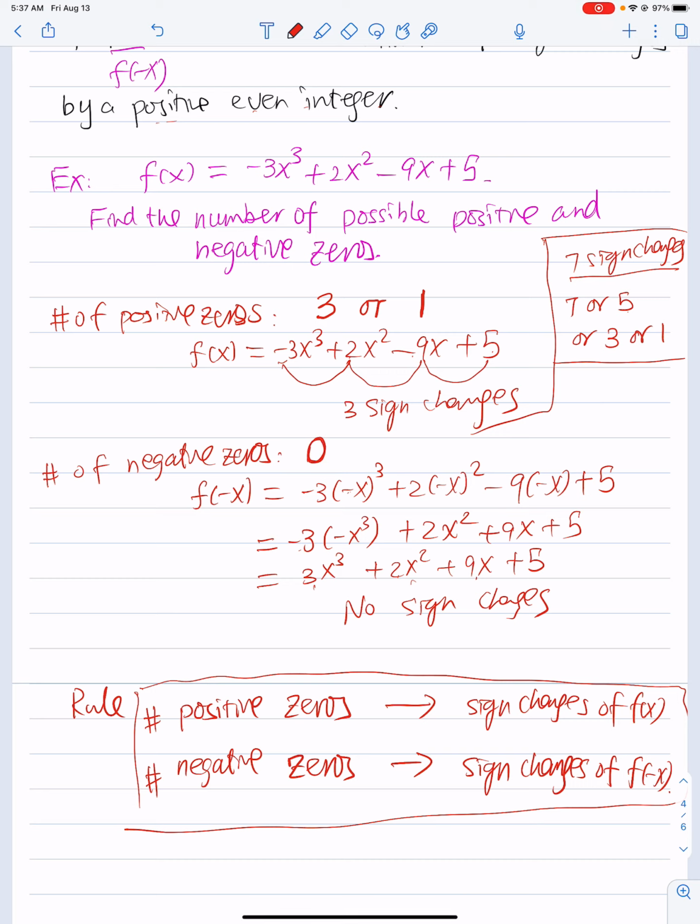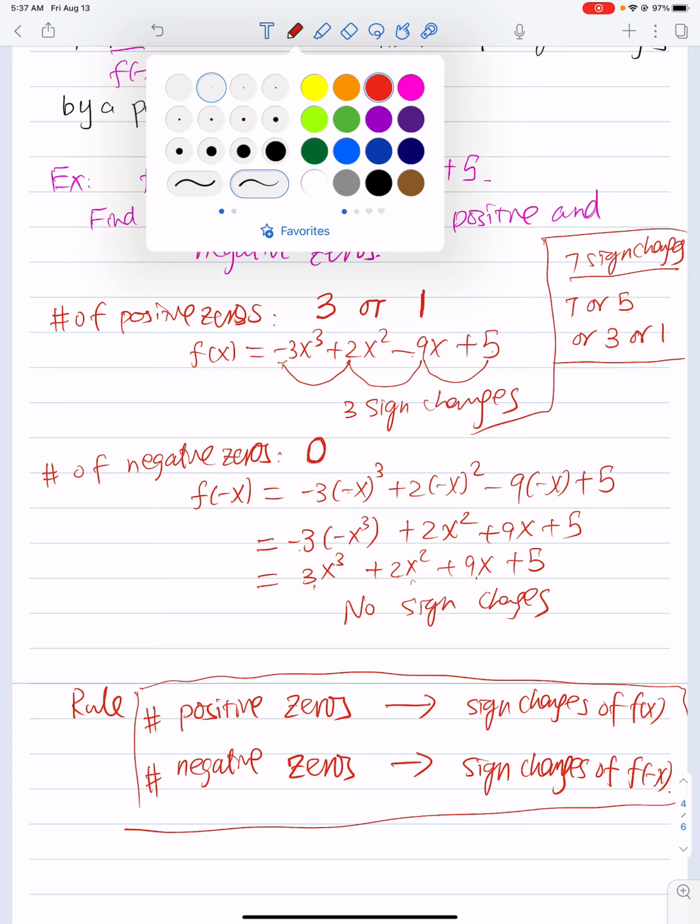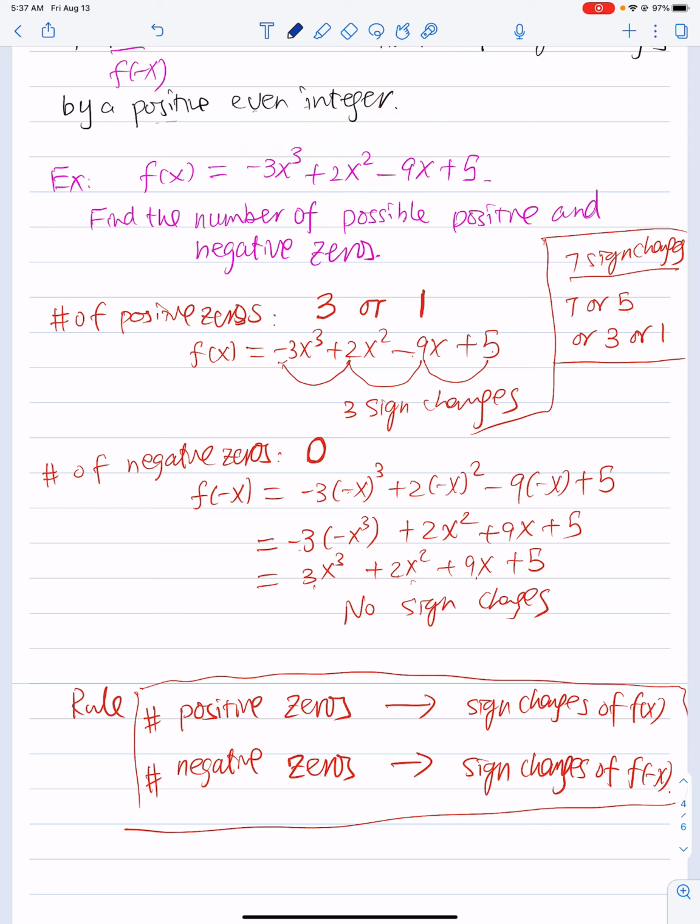So the number of negative zeros is 0, because you do not have any negative zeros. What does this tell you? How many zeros in total do you have? 3, because this is a polynomial of degree 3. And how many negative zeros do we have? 0. Then all the zeros must be positive.